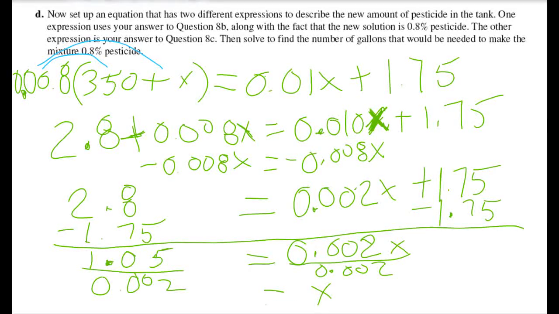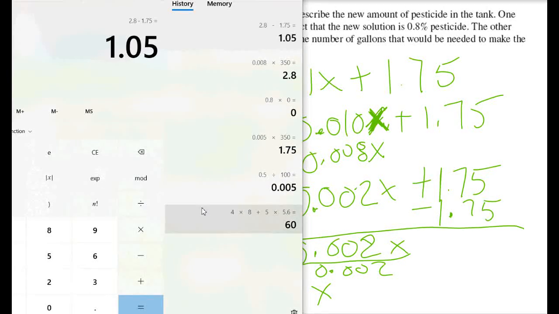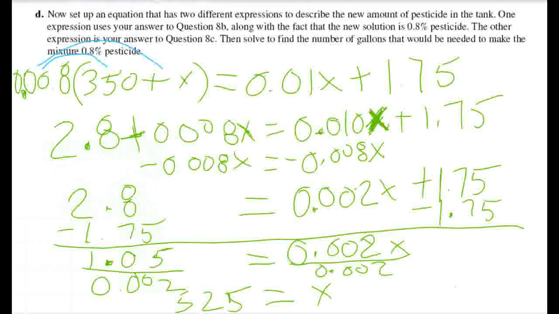So I get x equals 1050 divided by 2, which is 525. Let me check that. So 2.8 minus 1.75, it is in fact 1.05, divided by 0.002 gives me 525. So I know the new volume of the tank has to be 525.